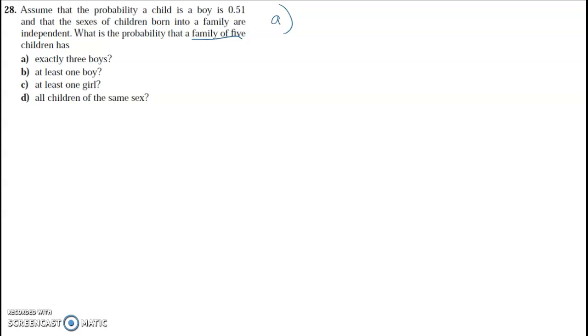So we have to first find the possible arrangements, meaning the possibilities of the order. If we have 5 spots, we can have boy, boy, boy, girl, girl, or boy, girl, boy, boy, girl, any of these arrangements. You can list all of them and count, but we can also do: out of 5, choose 3.